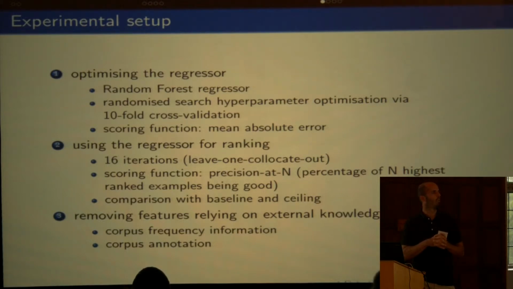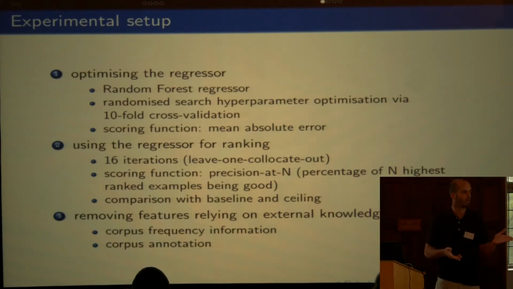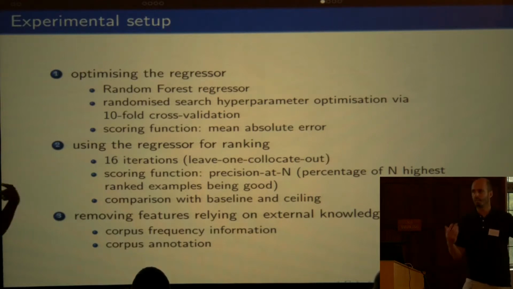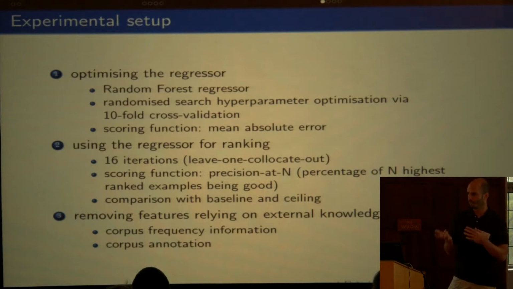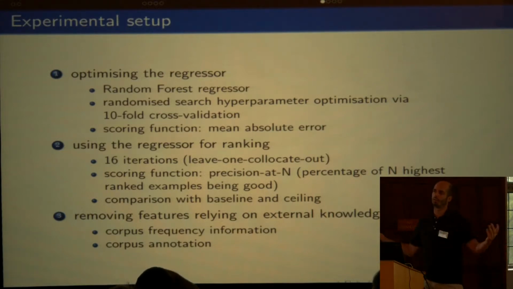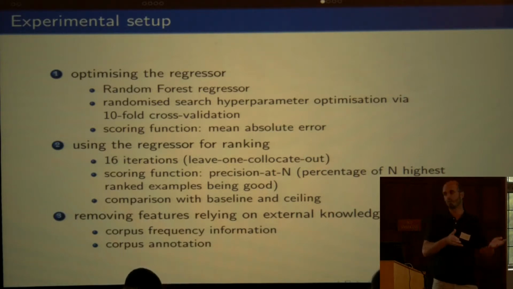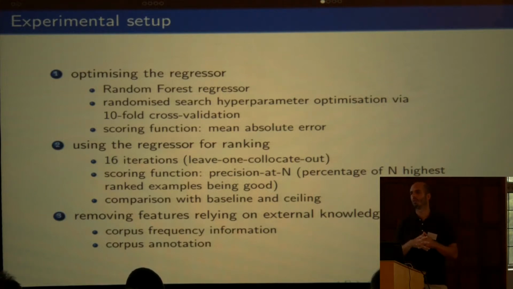The second thing we did in our experiments, we used the regressor for ranking. Since we had 16 collocates, we didn't want to train and test on the same collocate. So we divided our data set into 16 folds, and we always trained on 15 folds and evaluated on the 16th one.